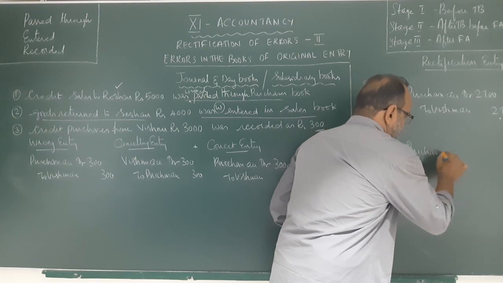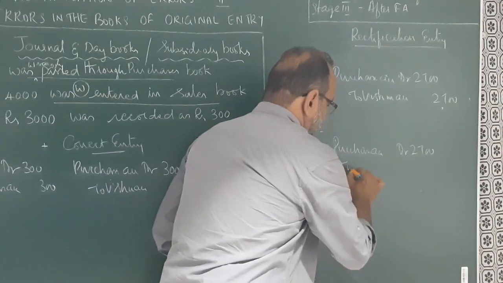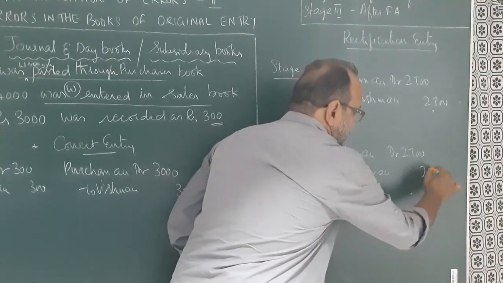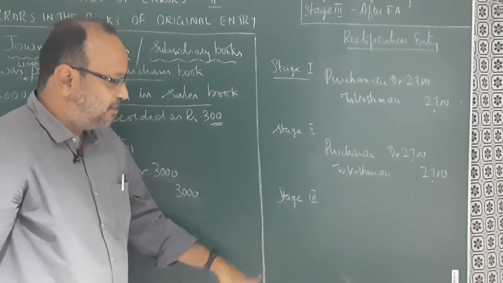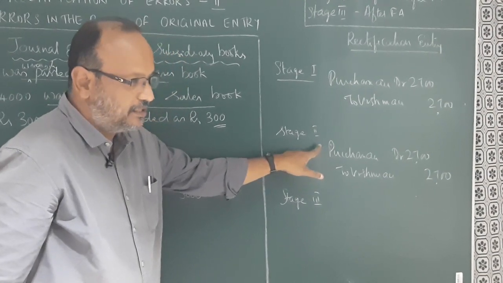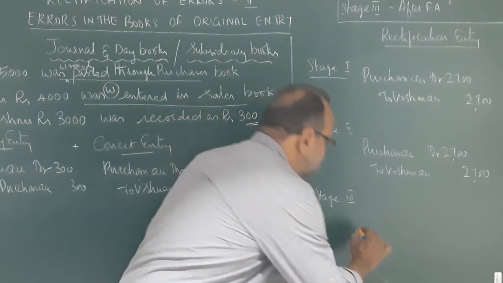Again, in the second stage, the very same journal entry. Purchases account debit 2700 to Vishnu account 2700. In the third stage, if there is a nominal account, it has to be substituted with profit and loss adjustment account. Write that one.